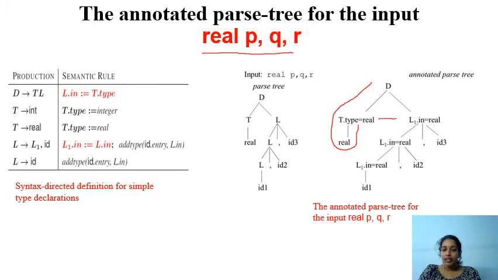From here, it gives the value to L. This L inherits its value from its left sibling T. L1 gets its value from its parent L, and so on. Like this, we have constructed the parse tree, traversed it, and got the annotated parse tree for this input.